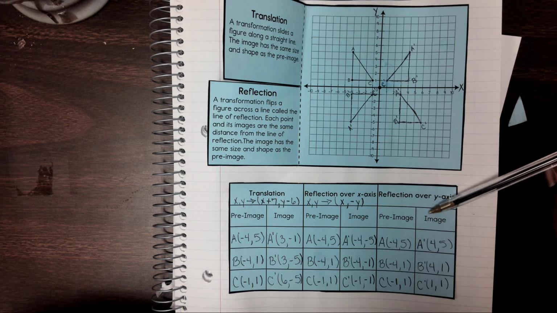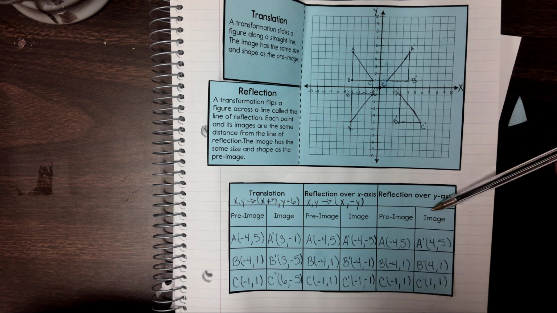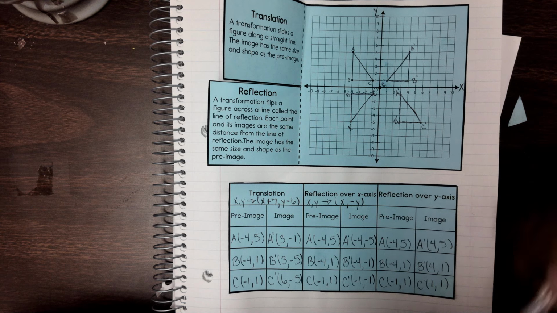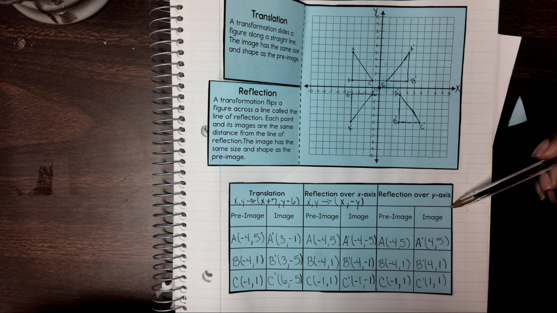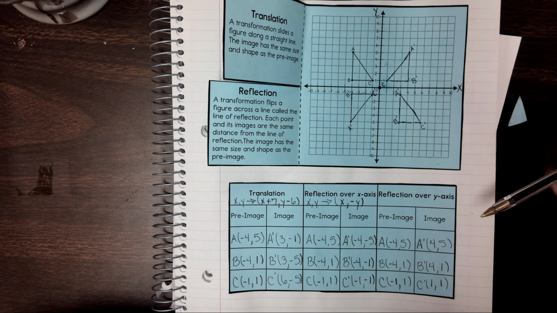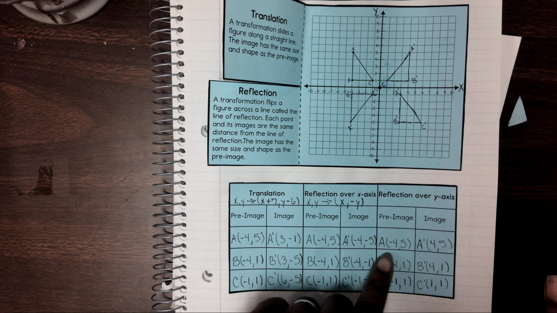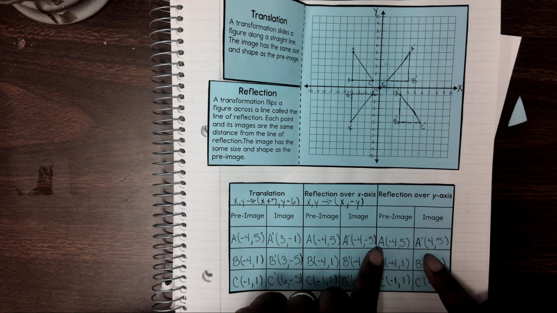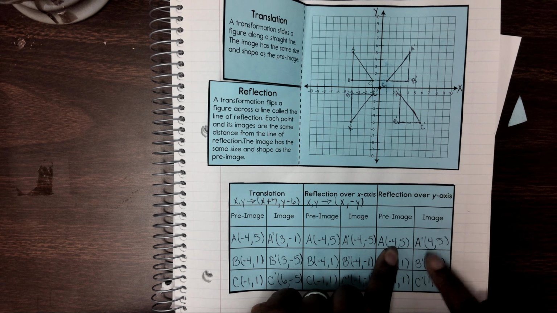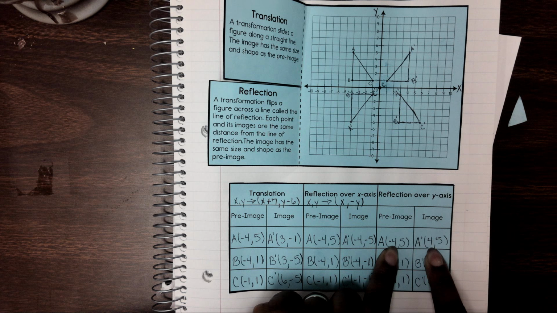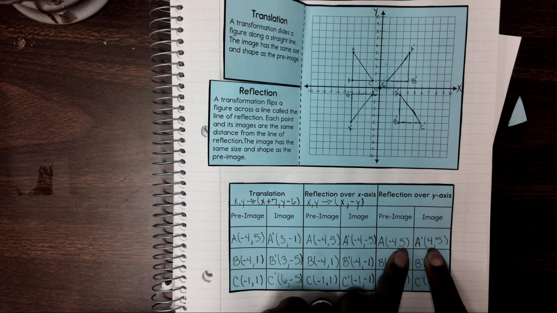All right, so let's take a look in regards to our rule or algebraic representation. So once again, I want to analyze the information. Again, we need to make a connection. We need to understand how we get there. So if we take a look at point A and A prime, we start at a -4. It is now a +4. The Y value originally was a 5. It maintained the number +5.